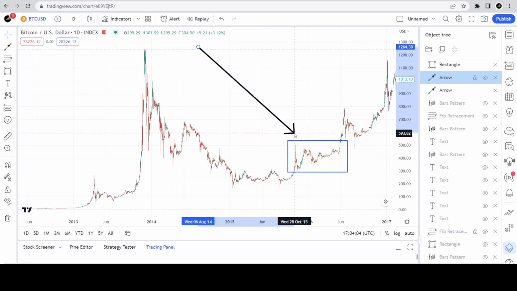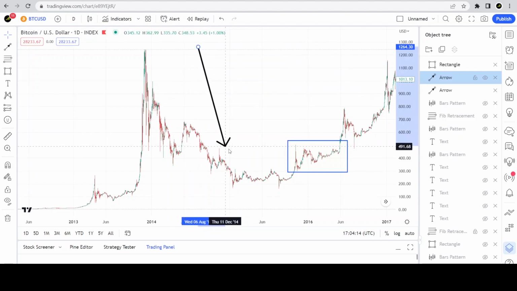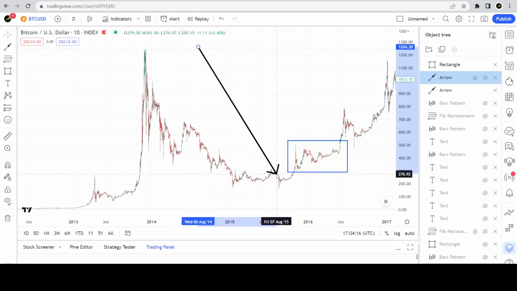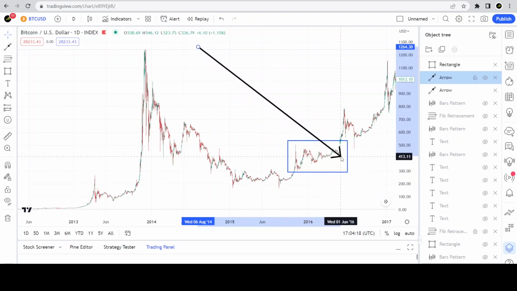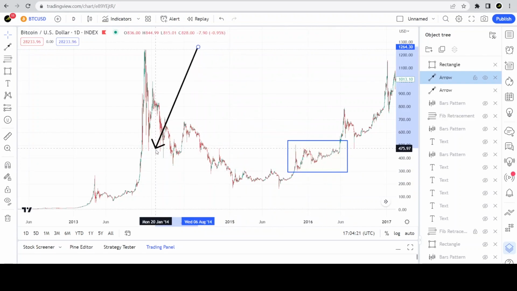Now, has this done this in other places after a decline? And the answer to that is actually yes. Let's go further back in time and examine other declining structures where in the recovery it does something similar to this.